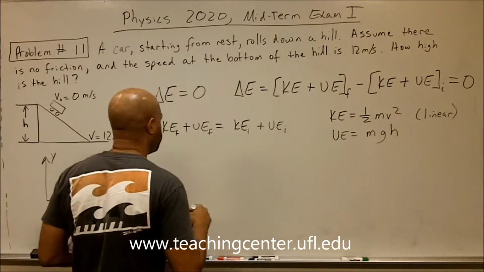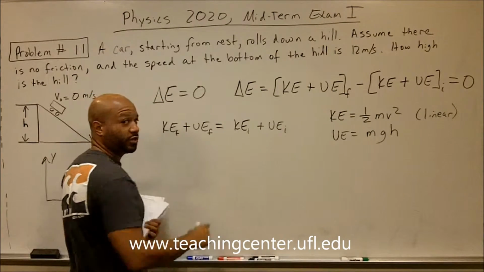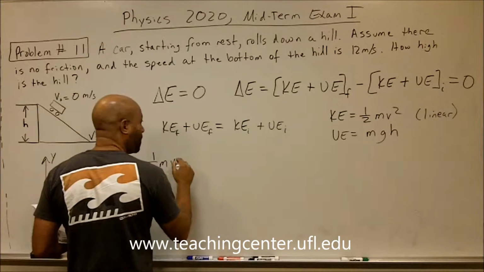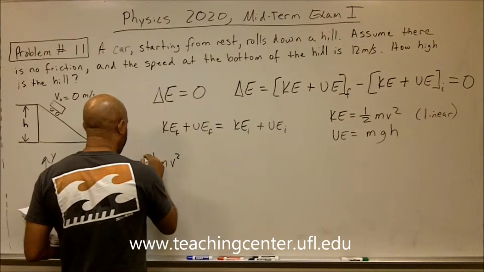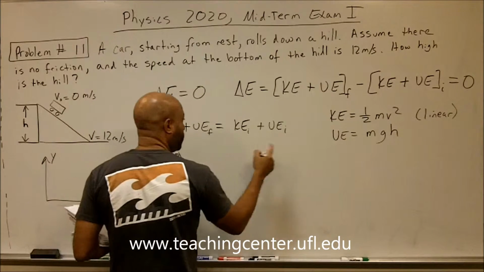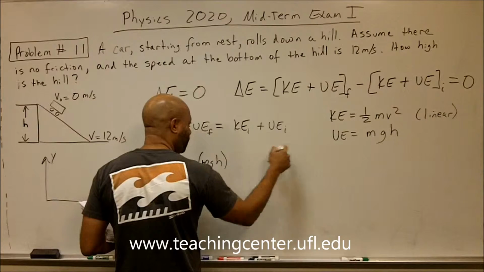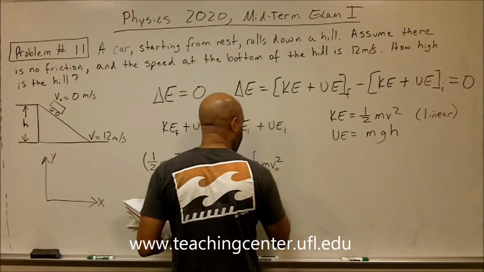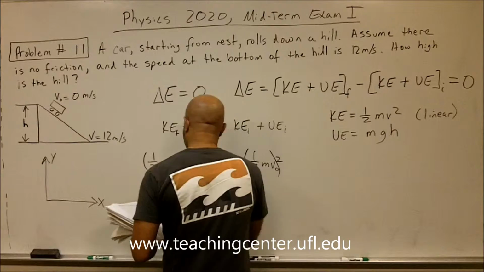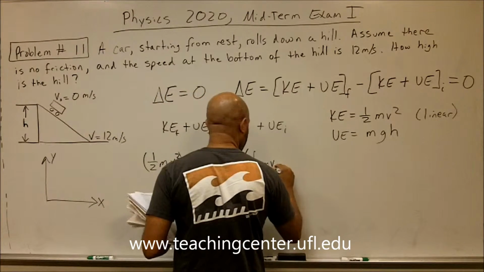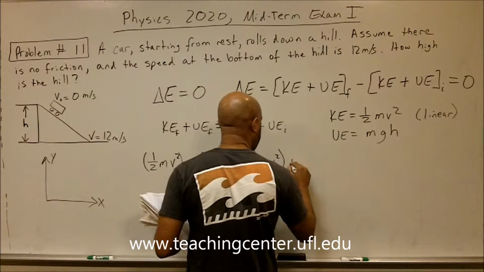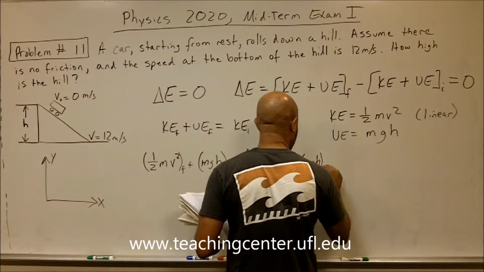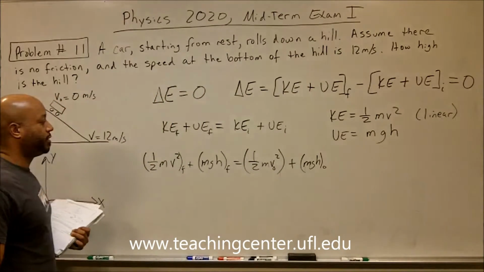And so given this information, we can substitute this into our equation, where we have 1/2 the mass of the object times the final velocity squared plus your final potential energy is equal to your initial kinetic energy plus your initial potential energy. Okay? And so this is our equation.